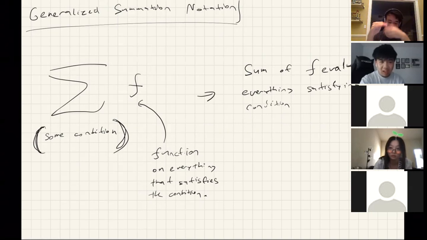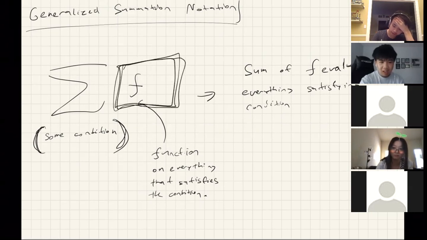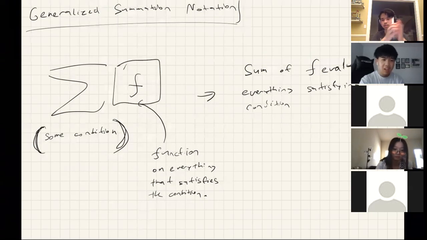And then there'll be a function on everything that satisfies the condition, and this function is going to return some numerical answer. So this summation is going to evaluate over everything that satisfies that condition.